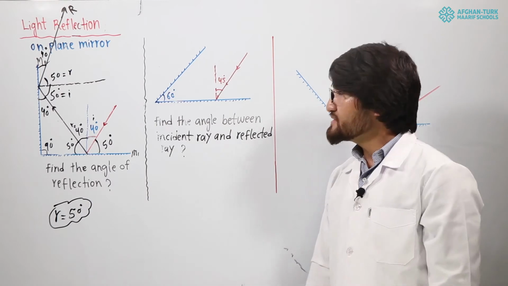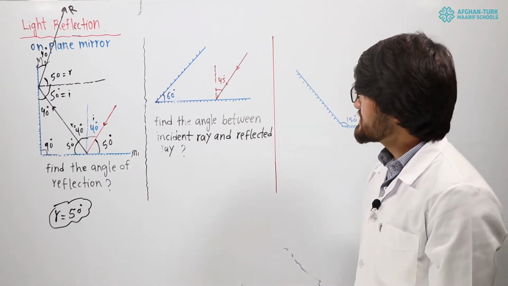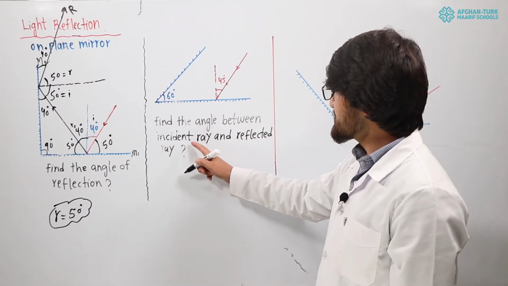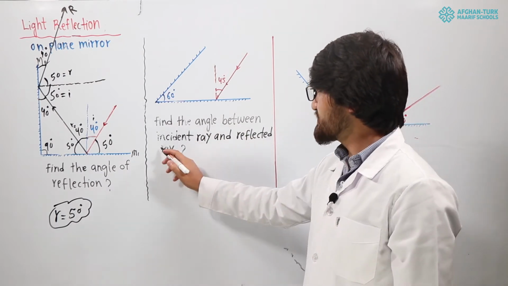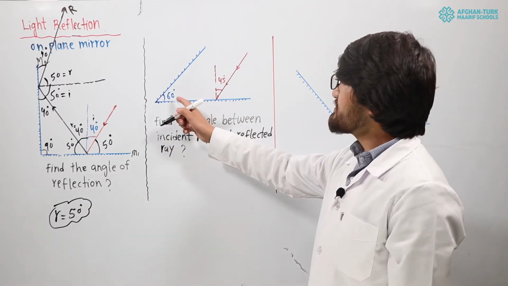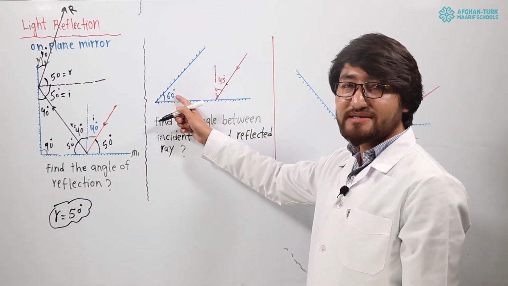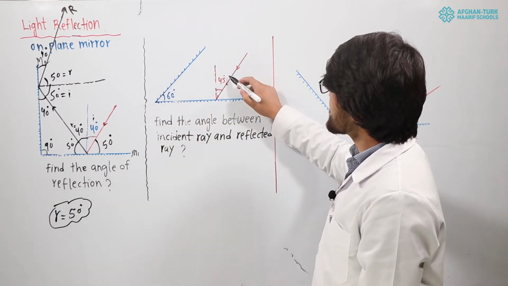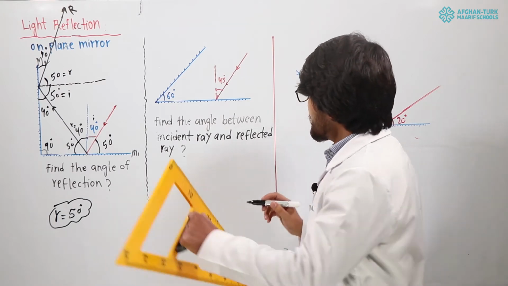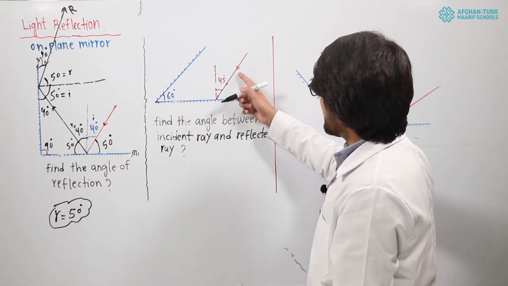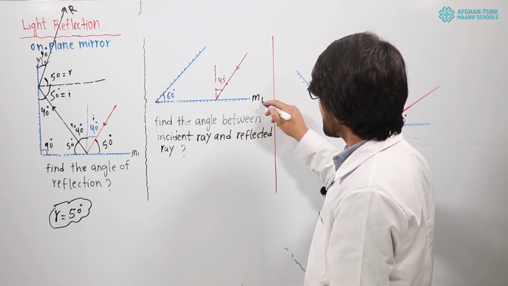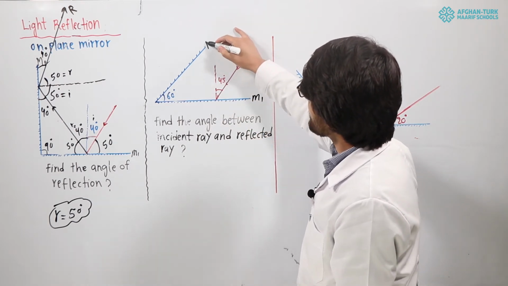Okay, come to another example. Find the angle between incident ray and reflected ray. The angle between two mirrors is 60 degree, and the angle of incidence 45. You know that the incident ray strikes the surface. Here we have M2.